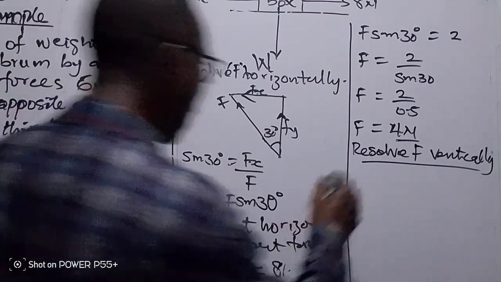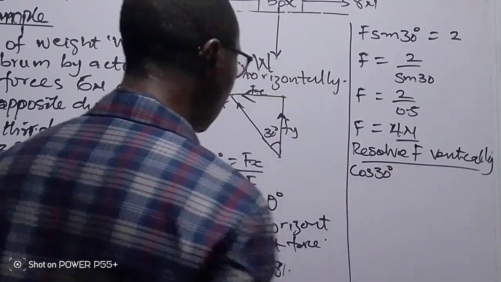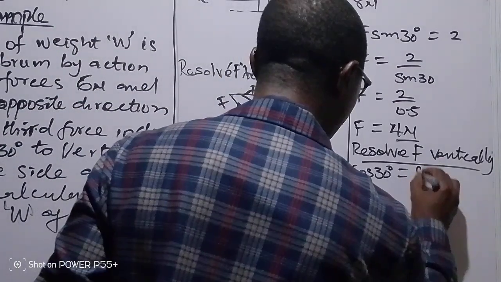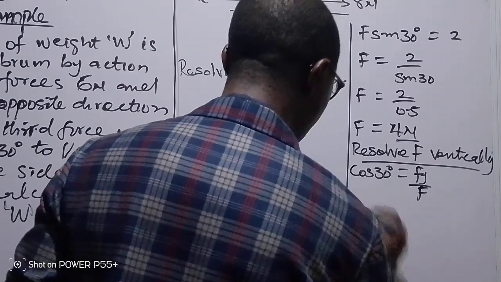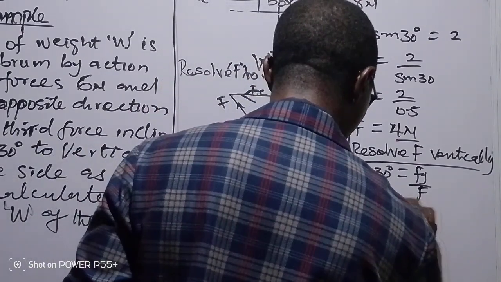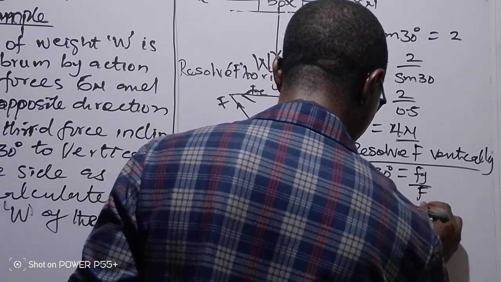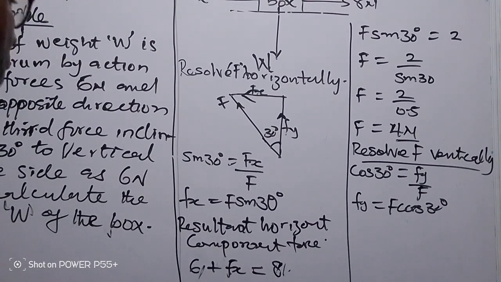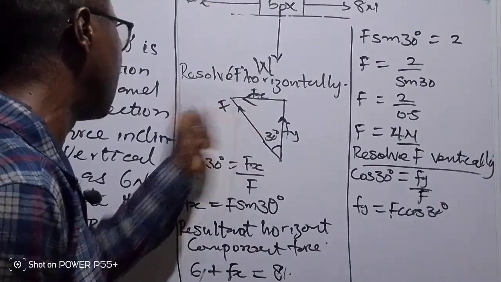So we are going to have cos 30 degree is equal to adjacent over hypotenuse. That is Fy over F. Therefore, our Fy will be equal to F cos 30 degree. So we've resolved this one vertically as we resolved the other term horizontally.